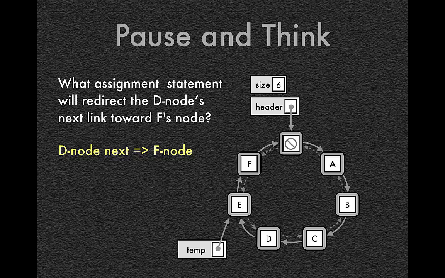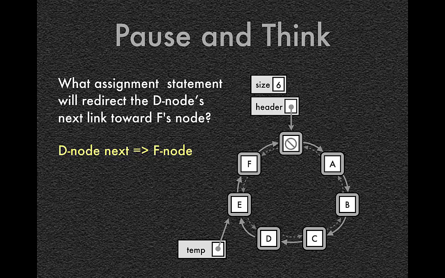Well, temp is just a variable name for E node, and E node's previous link is D node. That means that temp.previous is our programming way of referencing the D node. Similarly, temp.next is our programming way of referencing the F node.